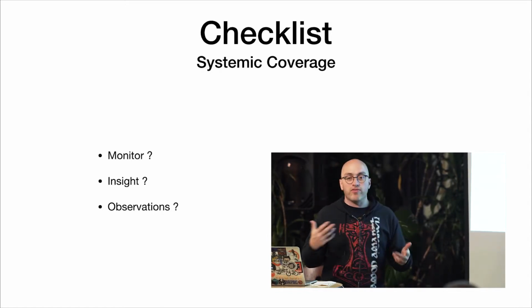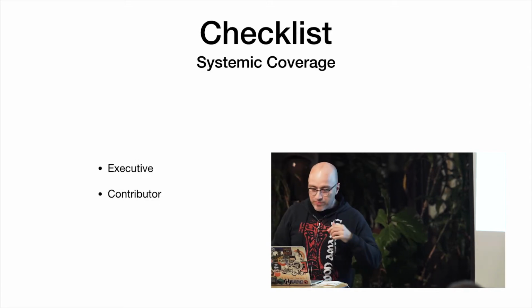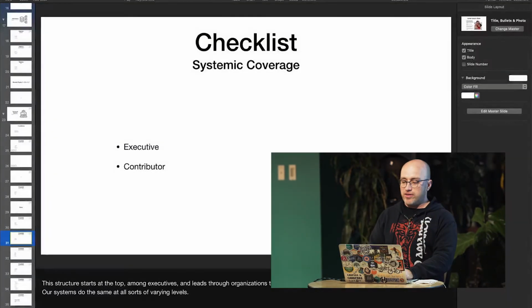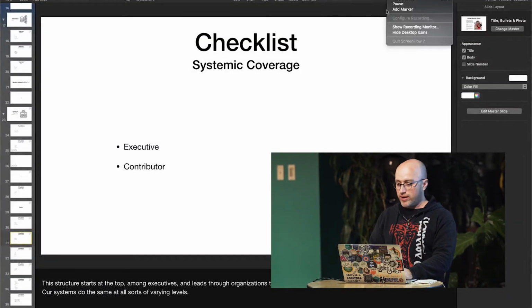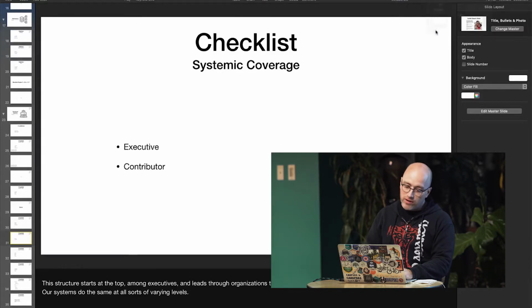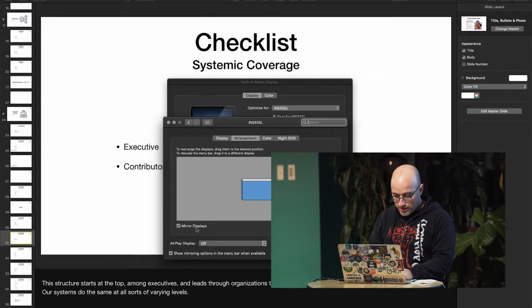And you want to be able to make observations about it. And that is from way high up at the executive level all the way down to individual contributor level.